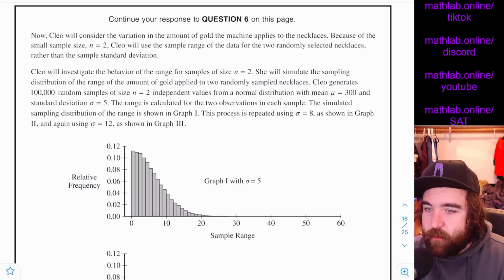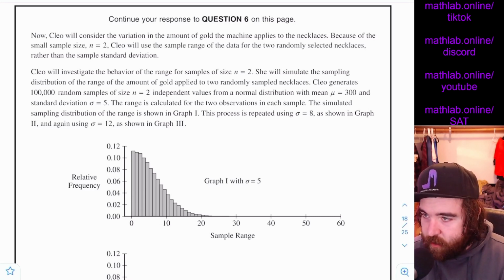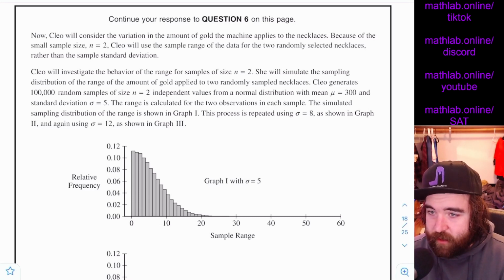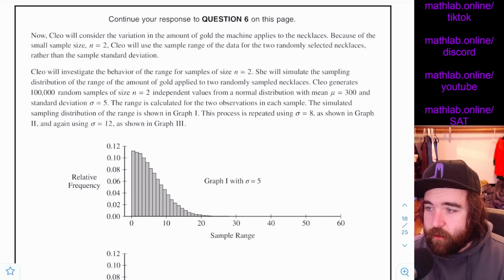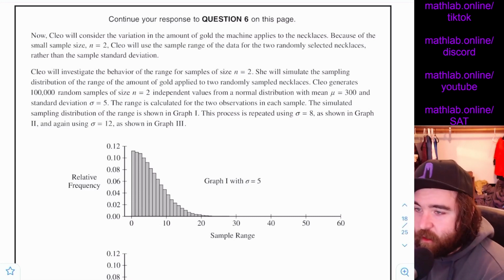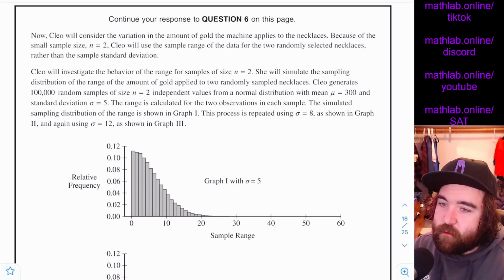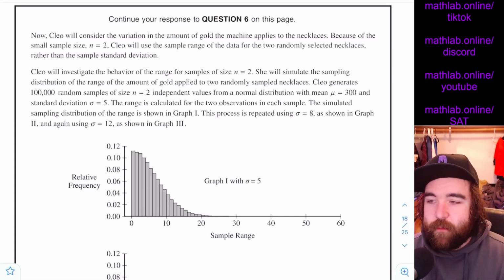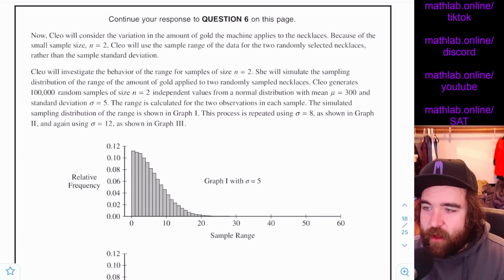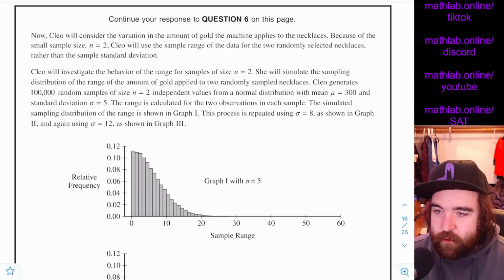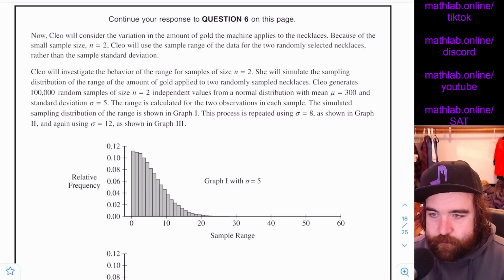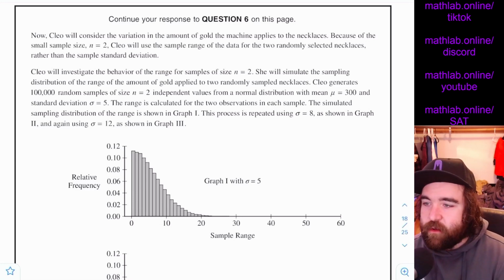She will simulate the sampling distribution of the range of the amount of gold applied to the 2 randomly sampled necklaces. Cleo generates 100 random samples of n equals 2 independent values from a normal distribution of the mean of 300 and a standard deviation of 5. The range is calculated for the 2 observations in each sample. The simulated sampling distribution of the range is shown in graph 1.